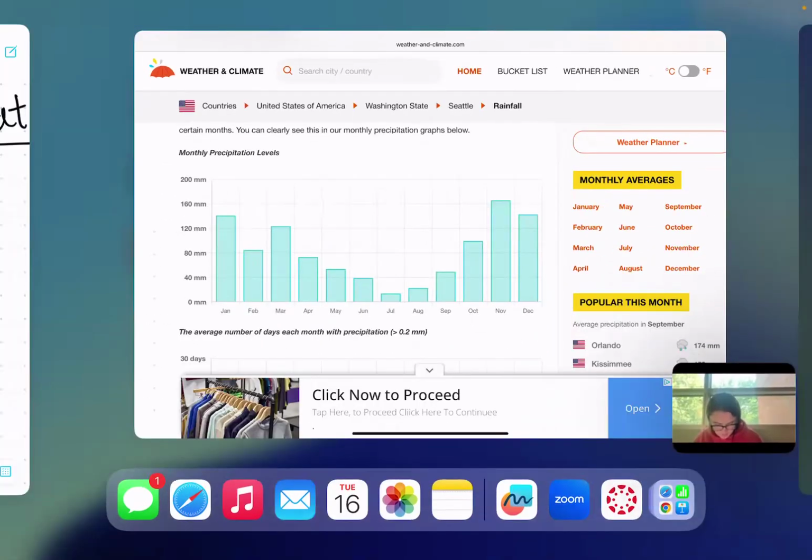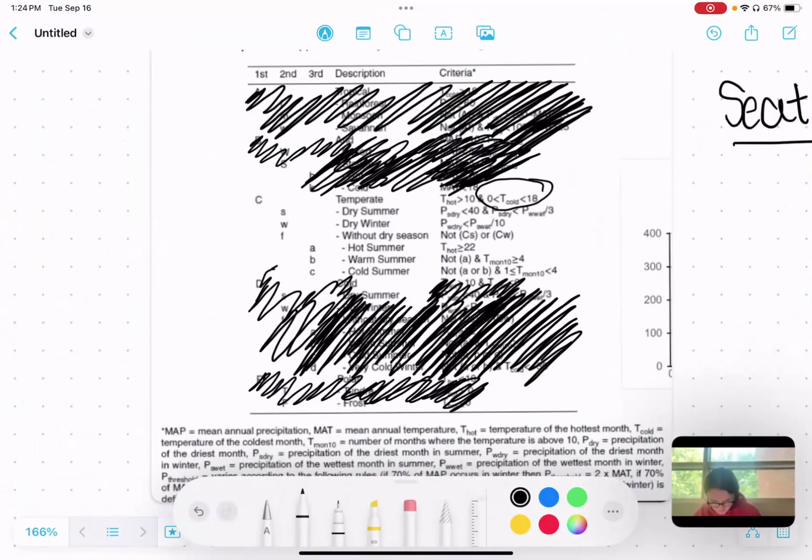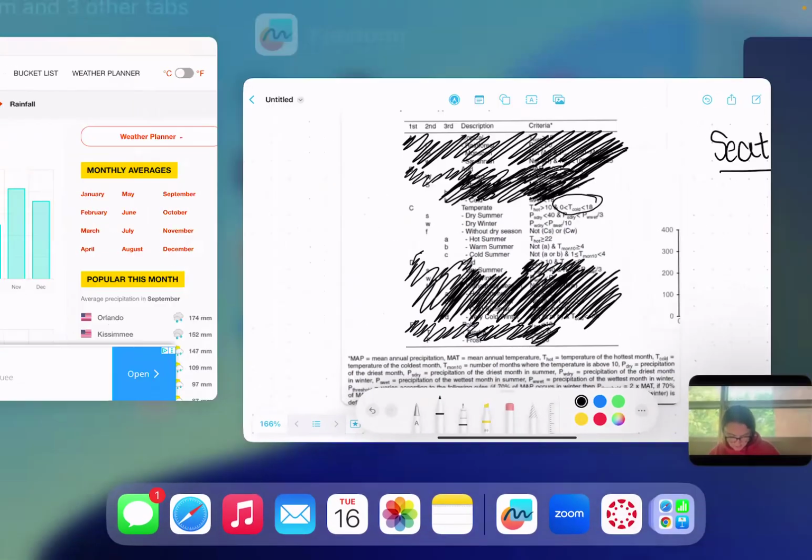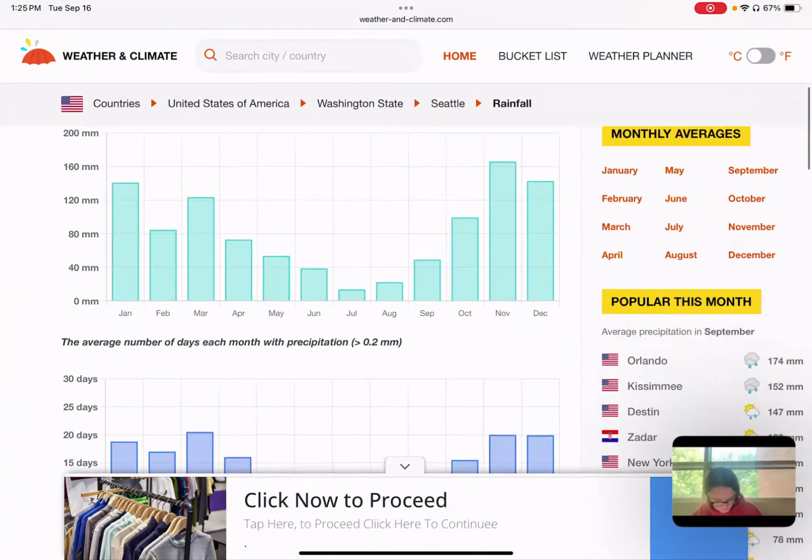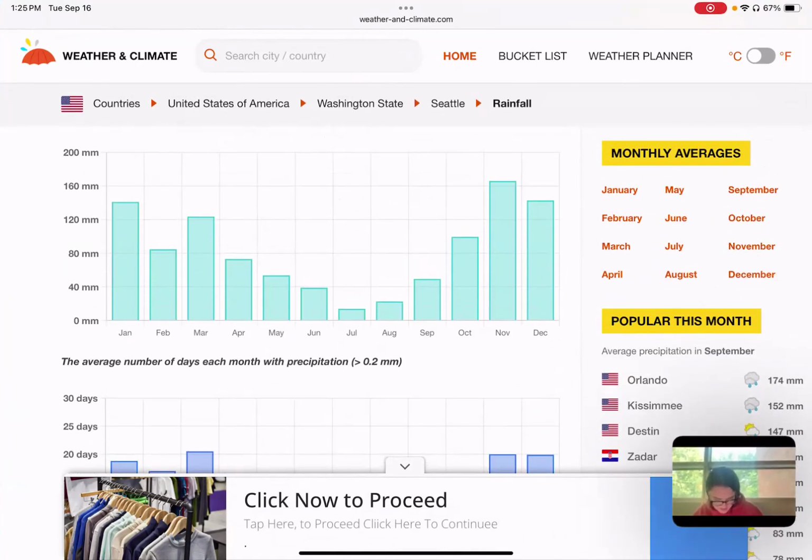We don't need to know the exact number per se at the moment. So let's flip back. So dry summer is a contender, but is PS dry less than PS wet of the winter month divided by 3? So let's find the wettest winter month. The wettest winter month is November, and we're just going to go with 160 just for some simple math. 160 divided by 3 is roughly 53.